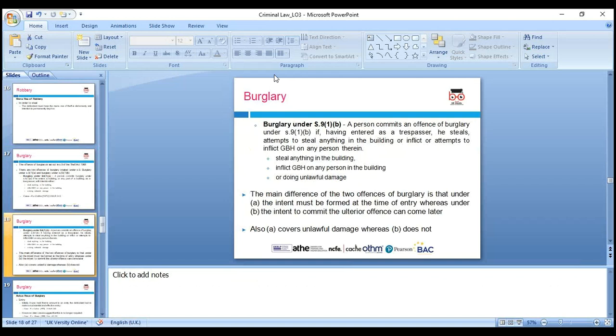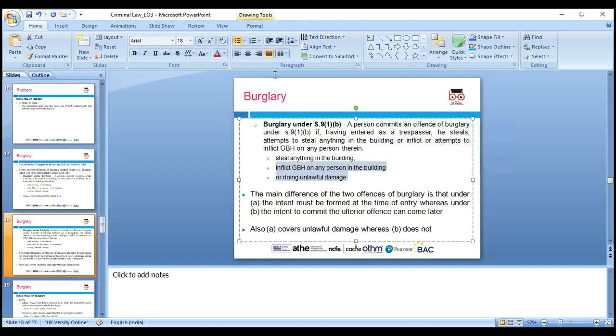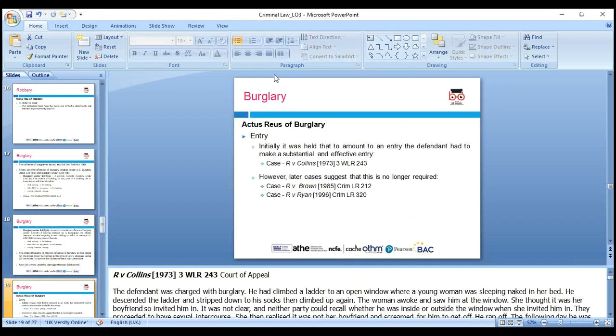Burglary under Section 9(1): a person commits the offense of burglary if he enters as a trespasser and attempts to steal anything in the building, inflict grievous bodily harm on anyone in the building, or do unlawful damage to the building. That all comes under the burglary offense. Any question there?